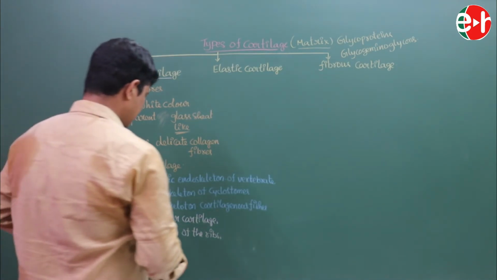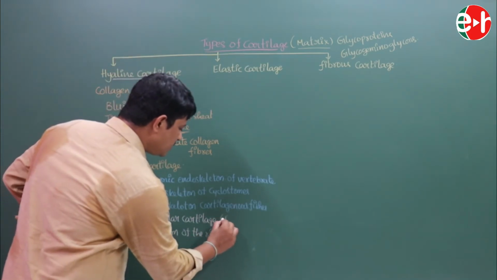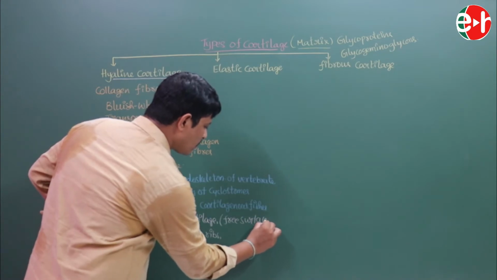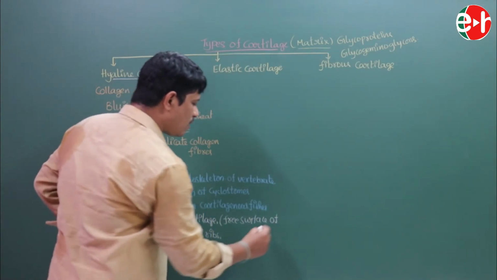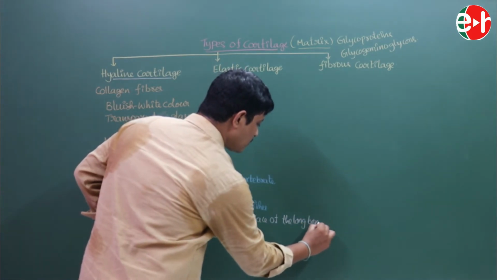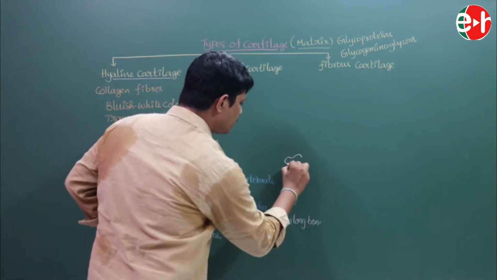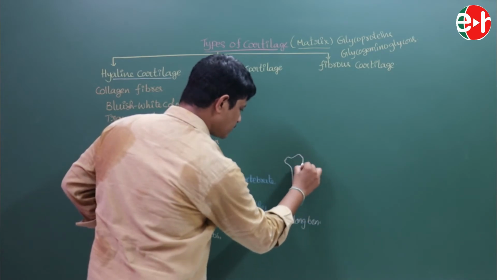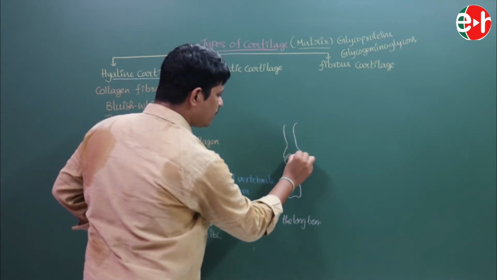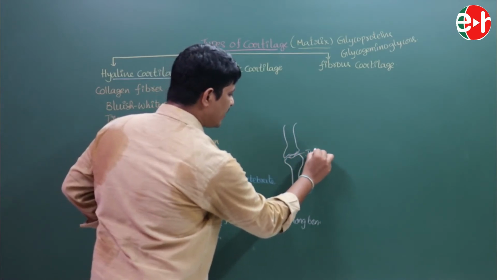Articular cartilage means the free surface of the long bones that helps one bone join with another to form a joint.